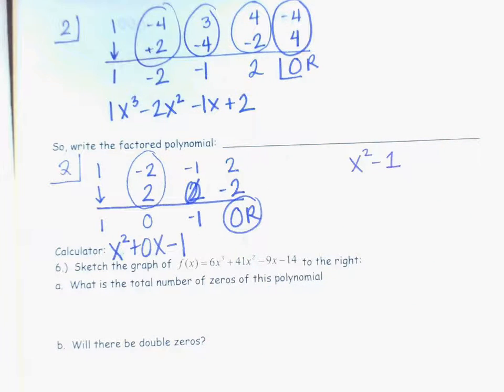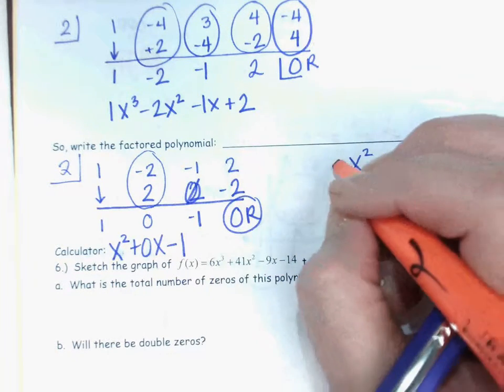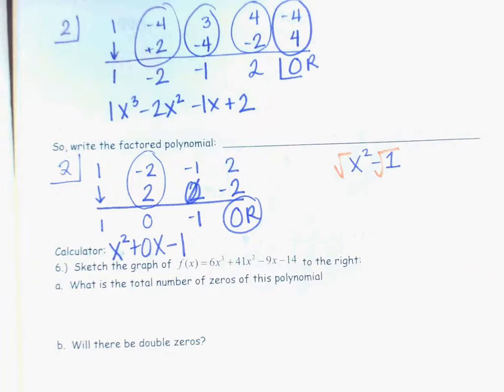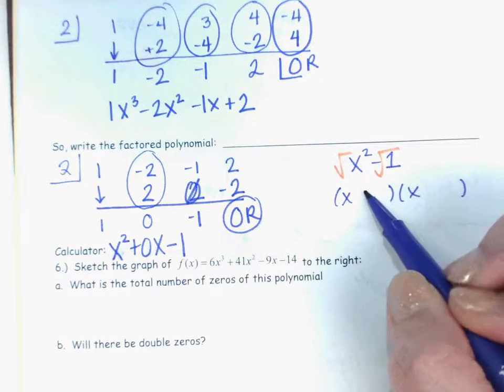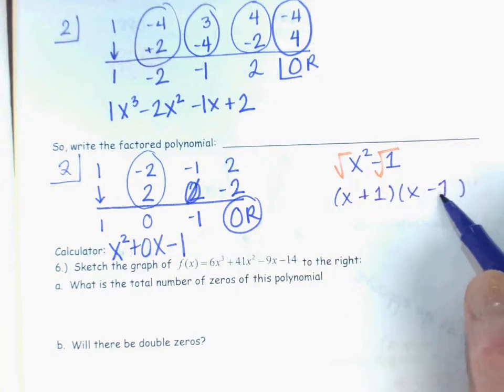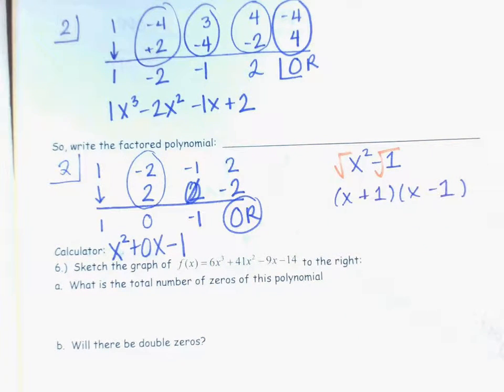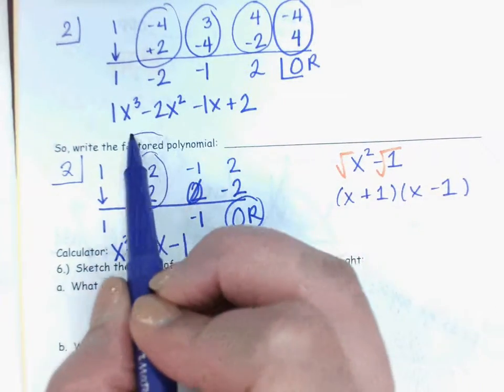And when you look at that, you should notice that that's factorable. I don't have to t-chart it. They're both specials. So, square root this guy, square root this guy. What's the square root of x squared? x. What's the square root of 1? Plus 1 and minus 1. So now we have all 4 of our factors. So we're going to write them right here in the factored form.